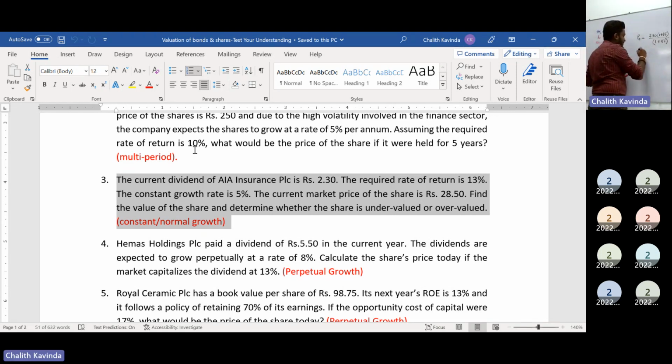So the price of the share is how much? 2.3 multiplied by this one. Cost of equity is 13%.